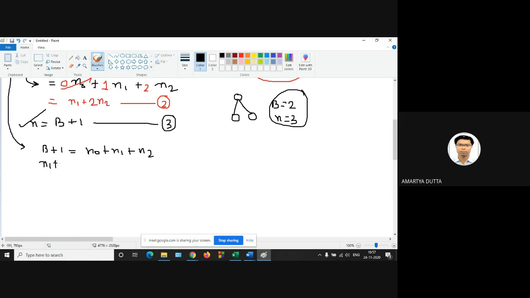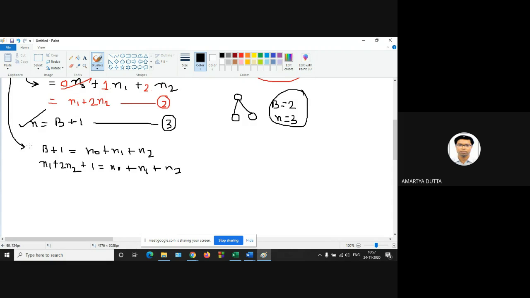So n1 plus 2n2 plus 1 is equal to n0 plus n1 plus n2.